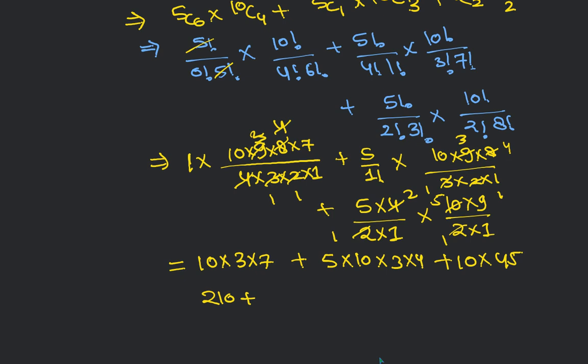I get 1216. Let me check: 5 times 10 times 3 times 4. So 3 times 4 is 12, 12 times 5 is 60, 60 times 10 is 600.